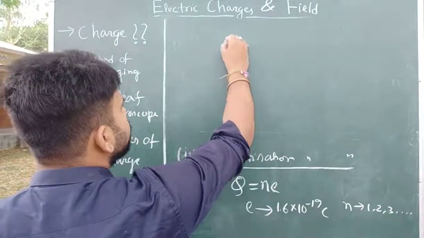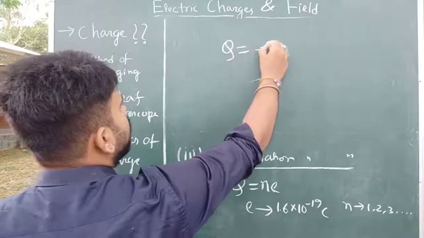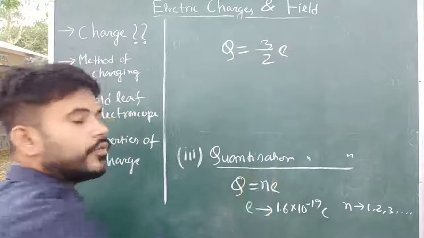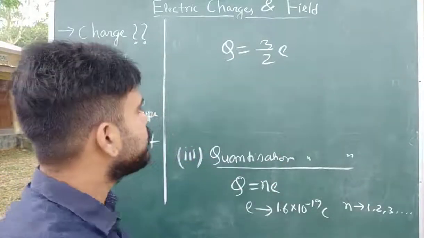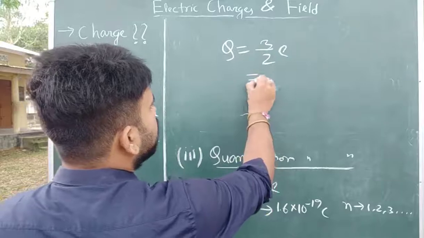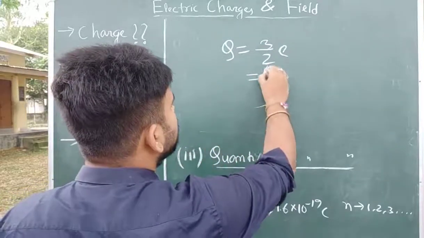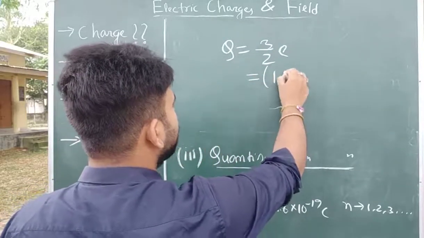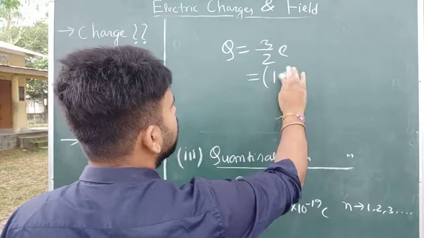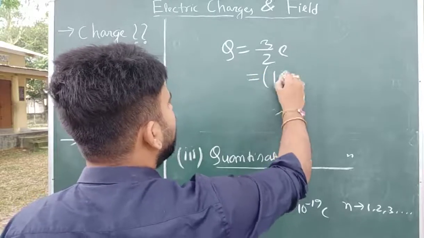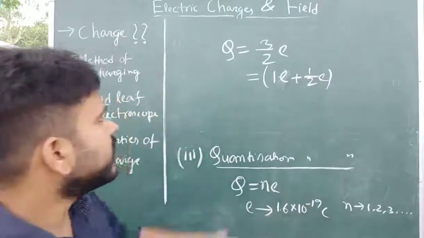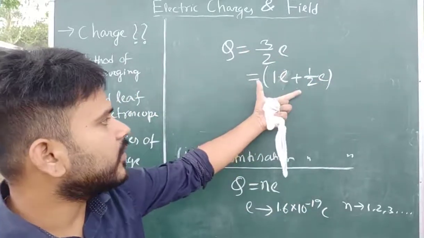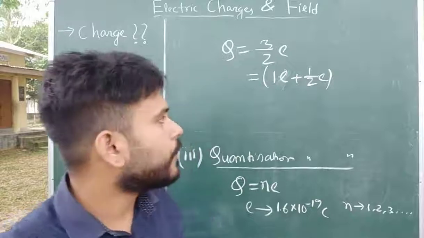Suppose I have a system of charge 3/2 e. In the example we have 1e plus half e, that is, in that system we have one electron and half of an electron.